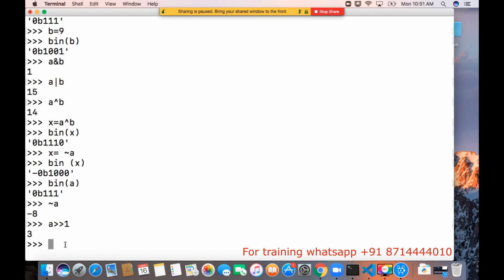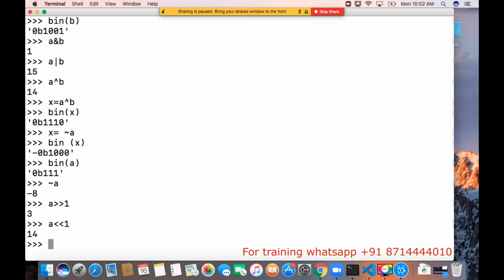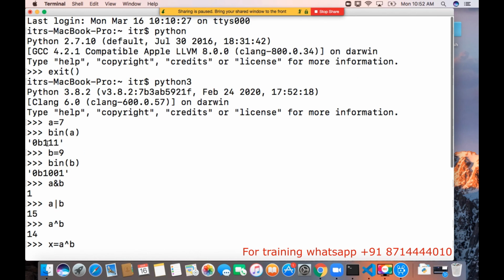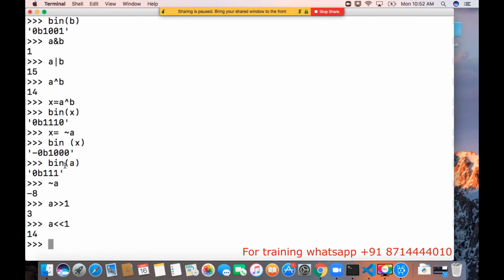And A left shift 1 means the bits will be moved one position left, so that's why we get a value like 1 1 1 0 in binary format. So that is 14.